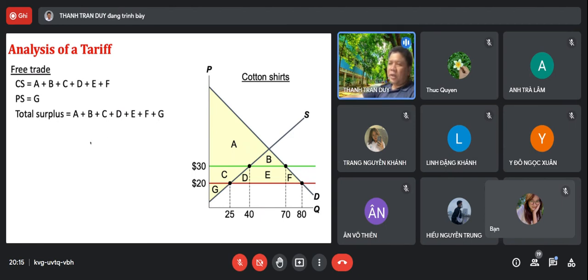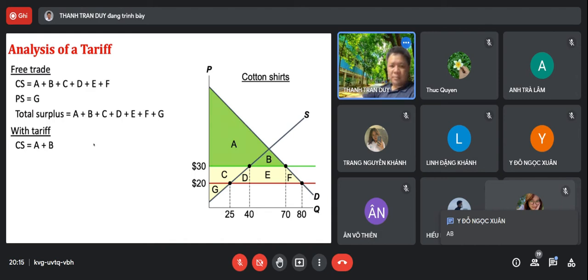Now, if we impose import tariffs, what is consumer surplus? A, B. What is producer surplus?